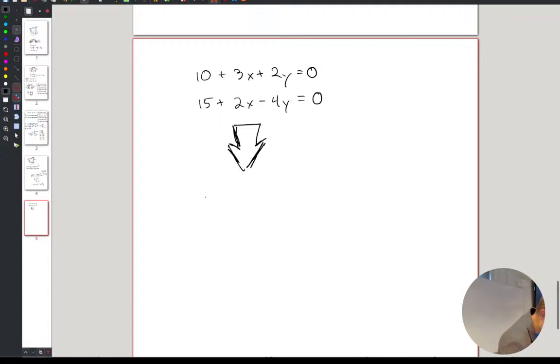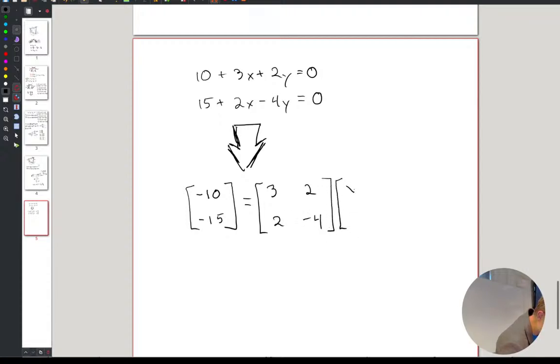Take those two constants and put them over on my left-hand side. Now I'll have a 3 and a 2, and a 2 and a negative 4, times x and y, so that I can ask the question: what are x and y if this is A and this is B?